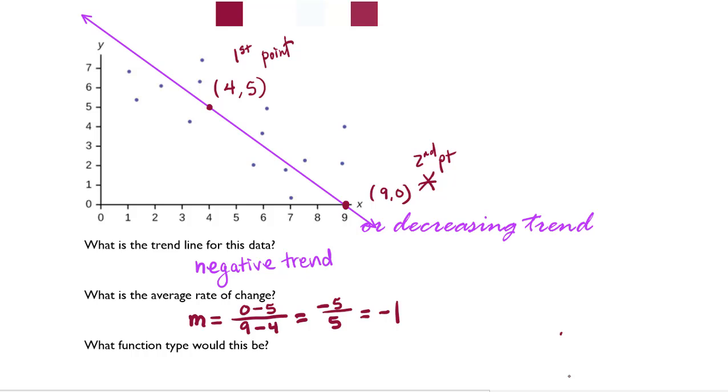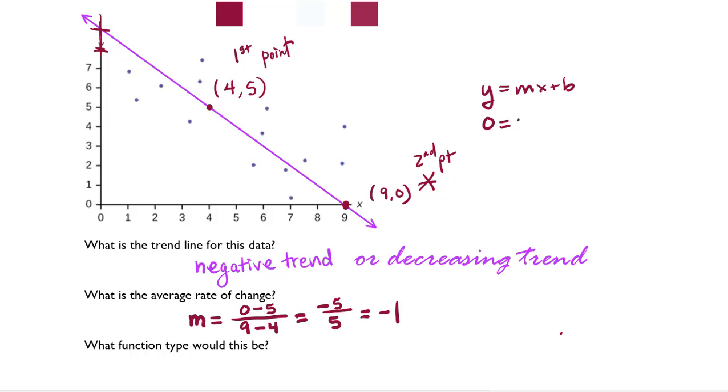Well, I can look at this graph and I can approximate where I think the y-intercept would be. It looks like it's going to be at 9, and I could also use one of these points as a quick check. If I say y equals negative 1x plus b, and my slope is negative 1, and my x is 9, so I can find b.